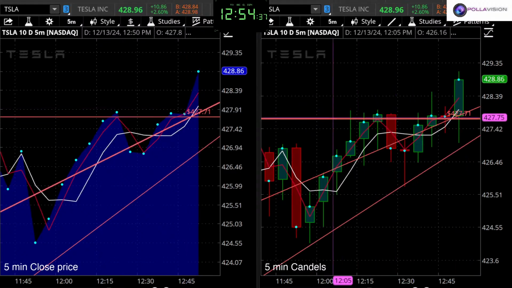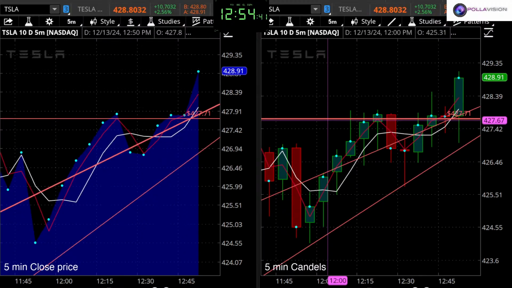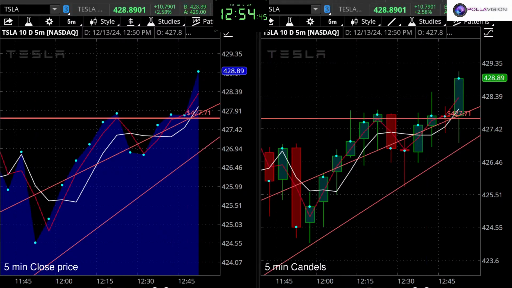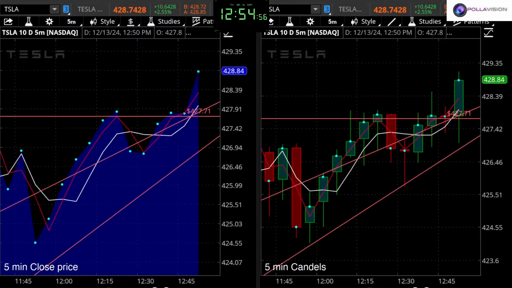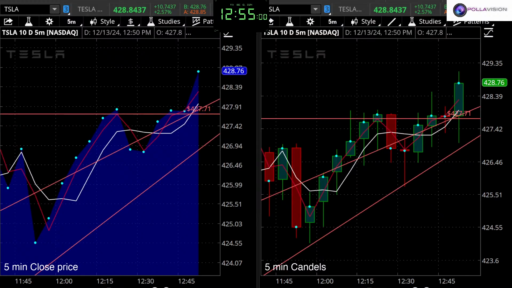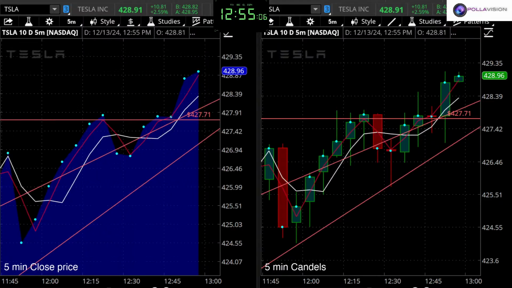If you wanted to get in, you should have gotten in at my line at 477.74. That was the entry point, not here. Don't chase the green. That'll get you in trouble. Never chase the green. You want to anticipate the move and get in before it moves. Your risk is less if you can anticipate the move. If it doesn't move, you get out.